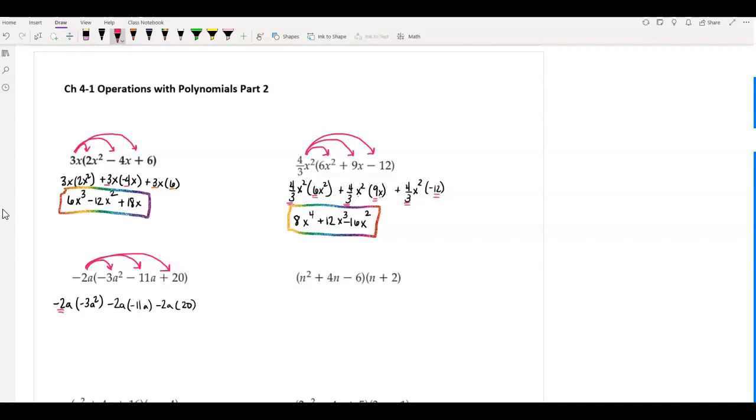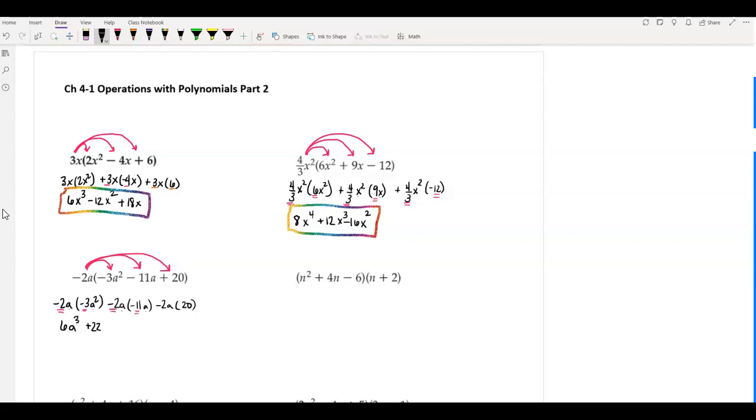Coefficients first, negative 2 times negative 3 gets us a positive 6. Same base, add exponents, so I have 1 here, 2 here, so 1 plus 2 is 3. So now I have negative 2 times negative 11 is positive 22.